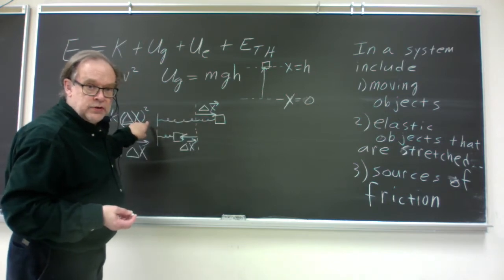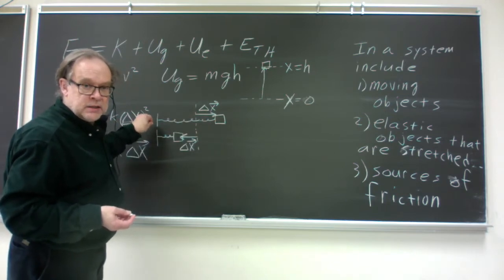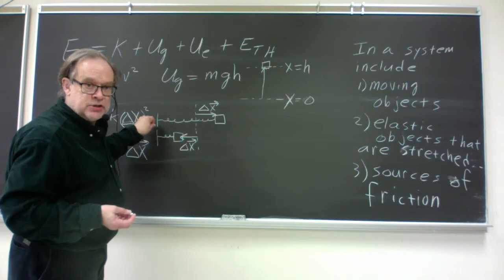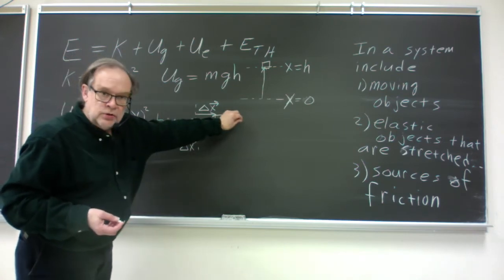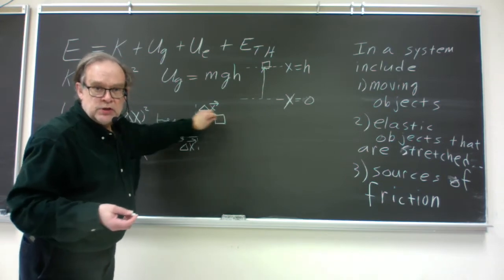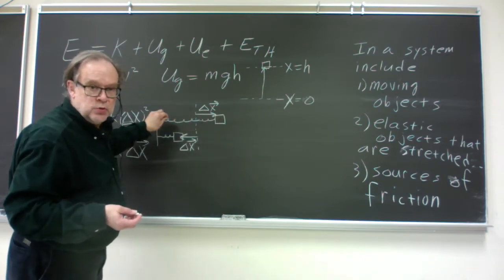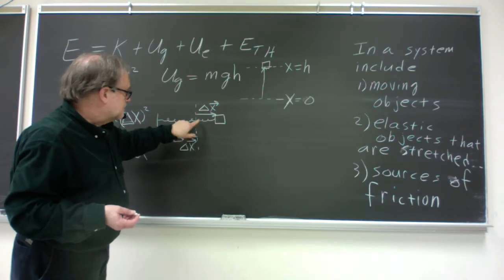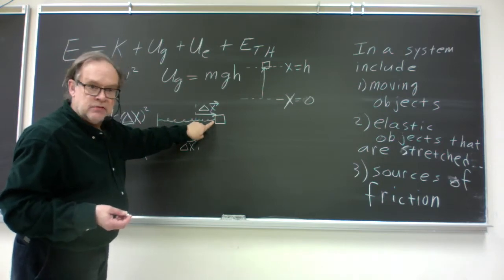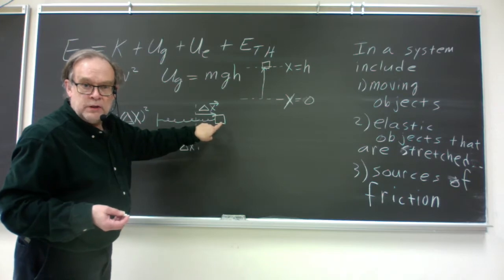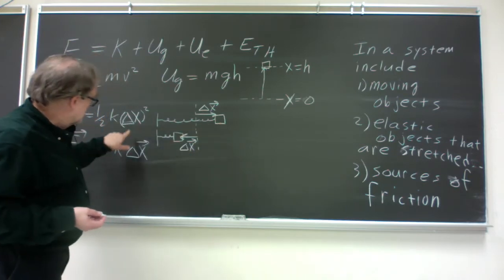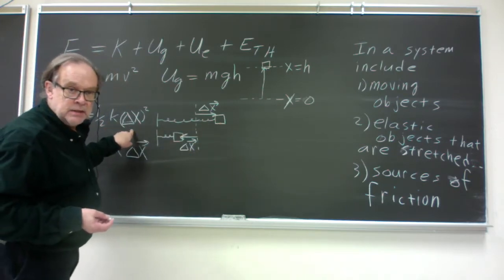We think of one end of the spring as fixed, attached to a wall, doesn't move. This end of the spring can either move this way when the spring is stretched or this way when the spring is squeezed. And then the displacement of that point away from equilibrium is what delta x means.